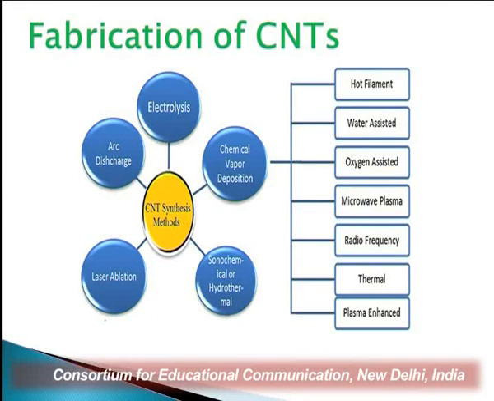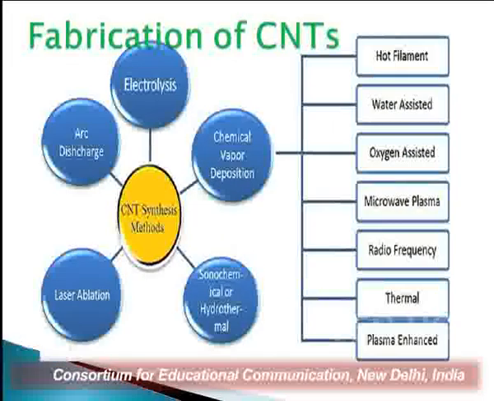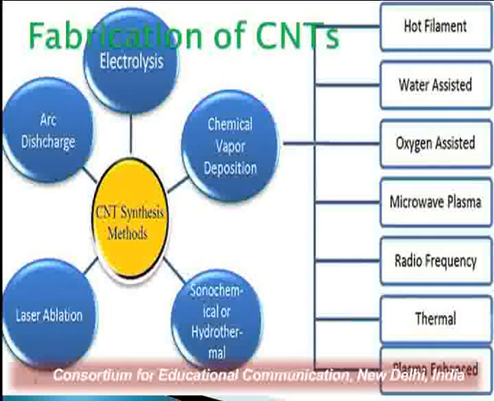Now we discuss the fabrication of nanotubes. As carbon nanotubes play a very important role in many fields, what are the methods of synthesis of carbon nanotubes? Carbon nanotubes may be synthesized by many methods. Here on the screen we can see that it can be synthesized by the arc discharge method, by electrolysis.